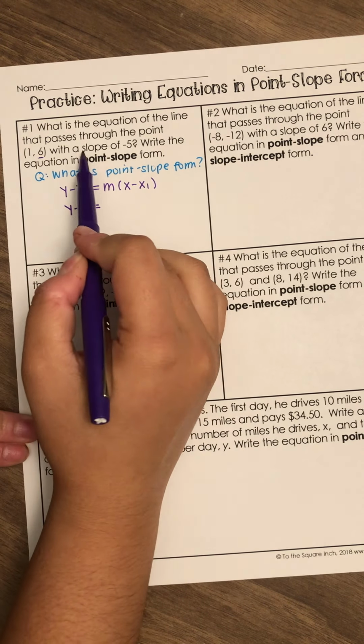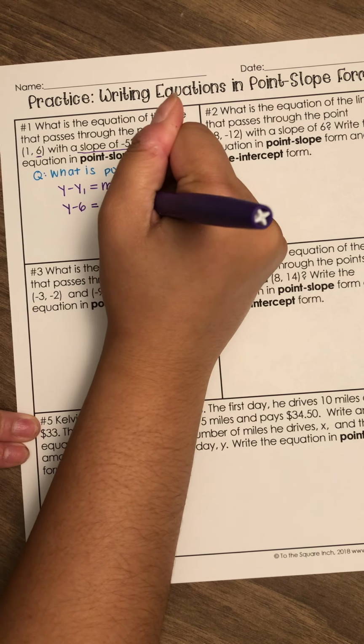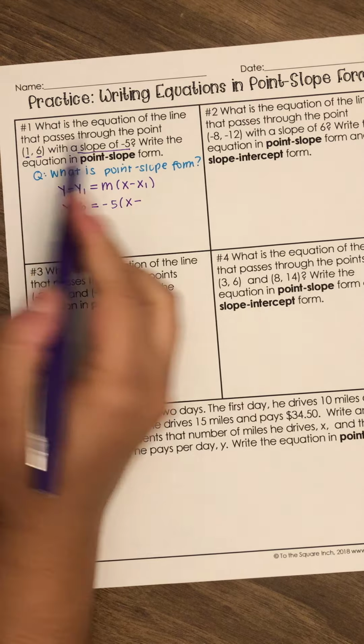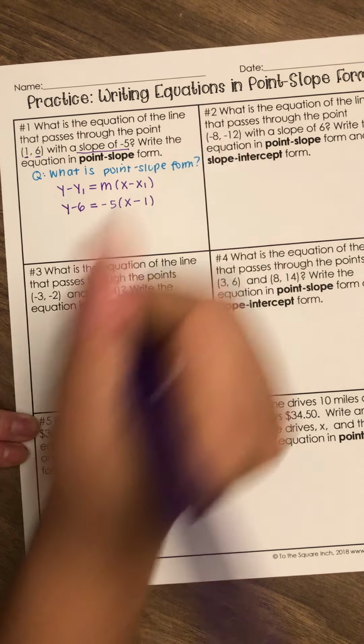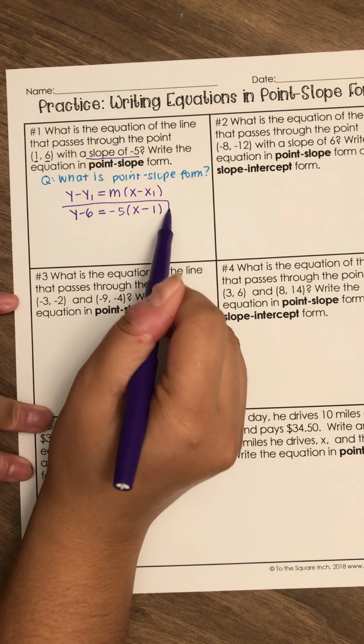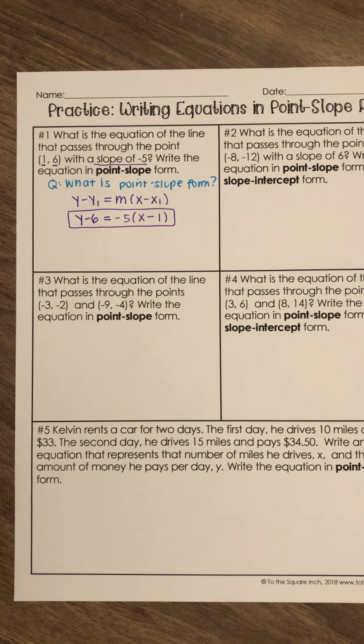My m is a slope of -5, so m is -5 times x minus my x coordinate of 1, so x minus 1. And this is my equation written in point slope form. So it's very straightforward when we're given a point and a slope. It's a little bit extra steps when we're given 2 points where we have to find the slope first.